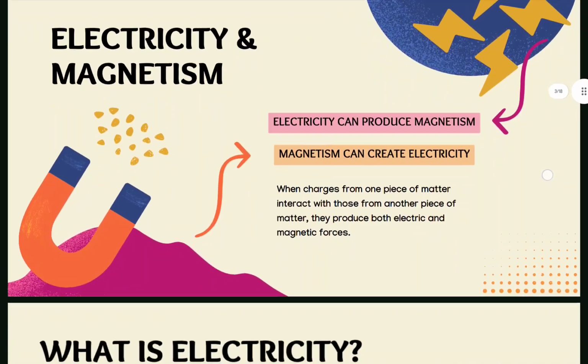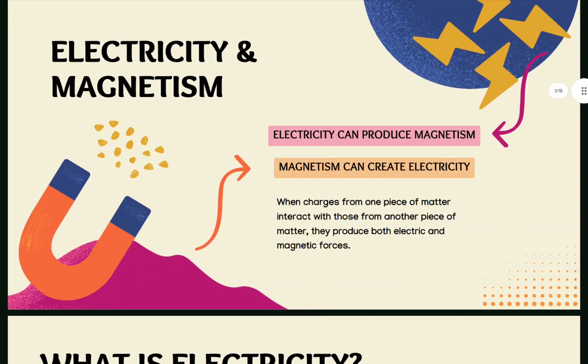So we'll be starting with the very basic introduction, as in what is electricity and what is magnetism. I want you all to gather some questions in your mind. You have all heard the word electricity, and in the same manner you might have heard the word magnetism.